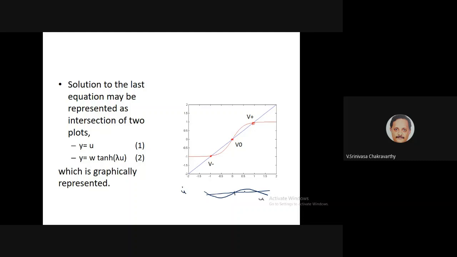Therefore, if u is here, it will increase, so it will go like this. If u is here, it's negative, so it will decrease, come like this. So this is a stable point. Similarly, by similar arguments, you can show that this is a stable point, and therefore the central point, the origin, is unstable. So this neuron will have two stable states, one close to +1, another close to -1. I'll call these v plus and v minus. And the origin itself is unstable or metastable.